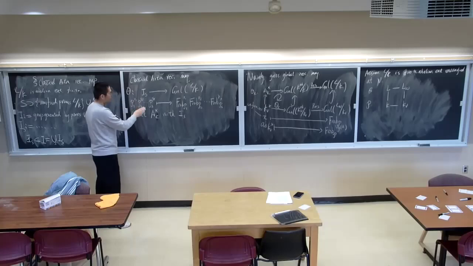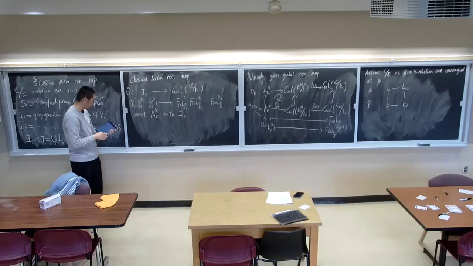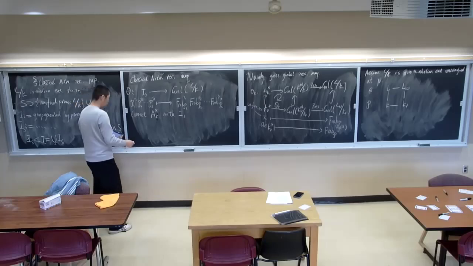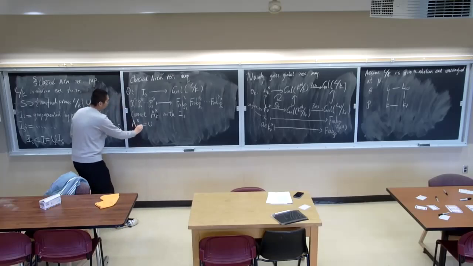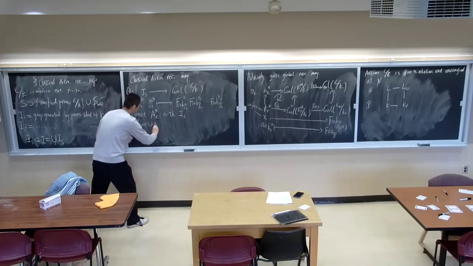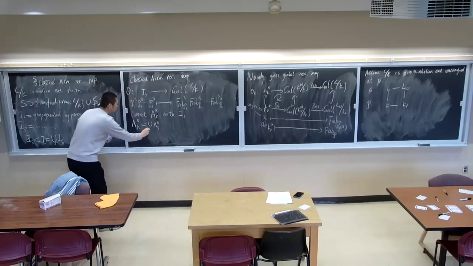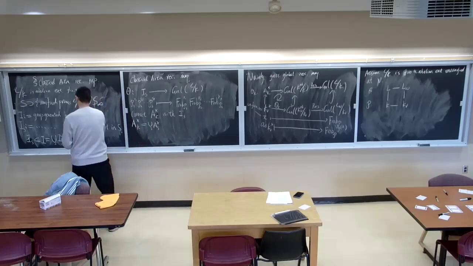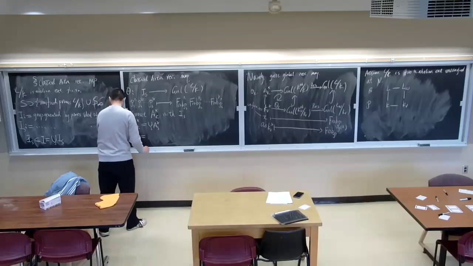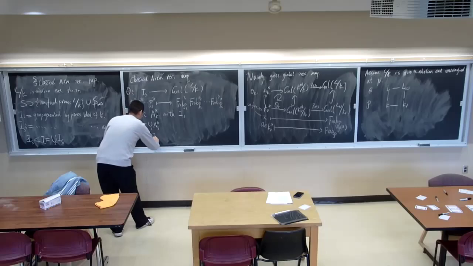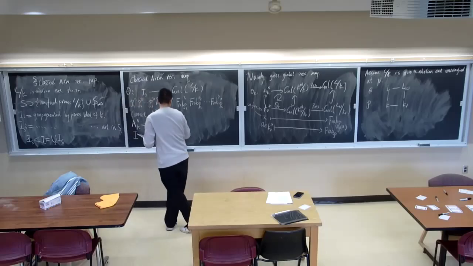So we need to connect I_S with A_K cross. Recall, by definition, A_K cross is the union of all these A_S cross, and I is the union of all these I_S.